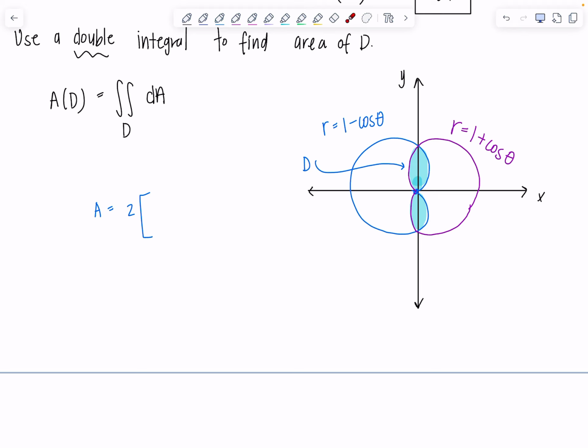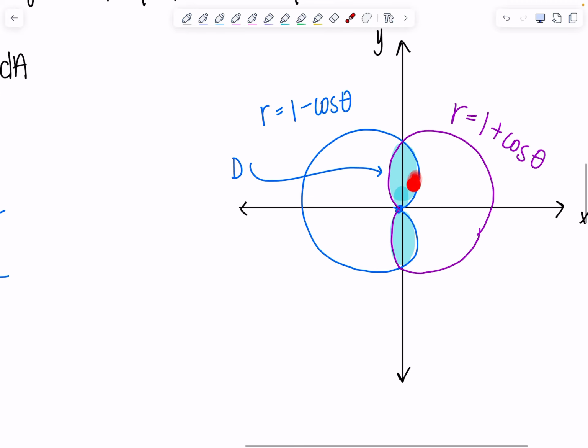Now look here. This area right in quadrant 1 is determined by which polar curve? 1 minus cosine theta. All of this. Can you see that? So if you go from theta equals 0 up until, the area is determined by, and you could even draw the rays if you want, right? It goes from 0 to 1 minus cosine theta. So theta is going to go from 0 to pi over 2.